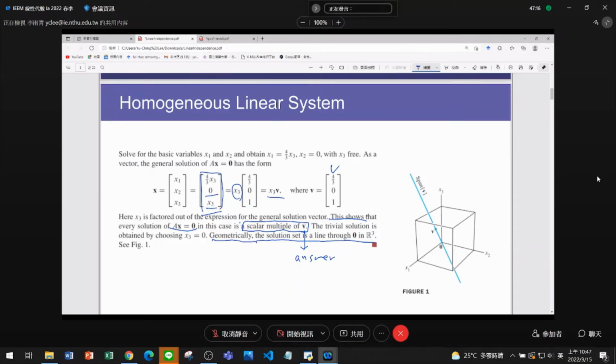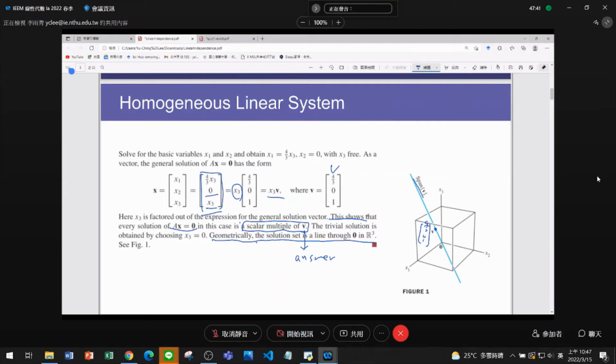You can also describe that it's the span of v, and then it passes through 0 and passes through v, which is (4/3, 0, 1). Okay, so this is how we use the fact to answer the questions.